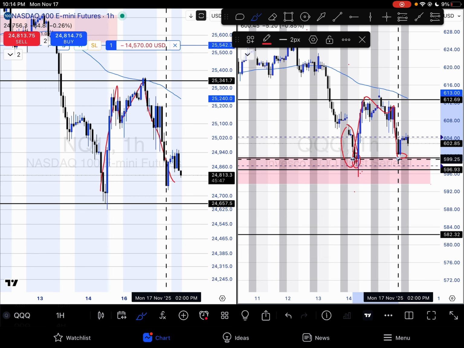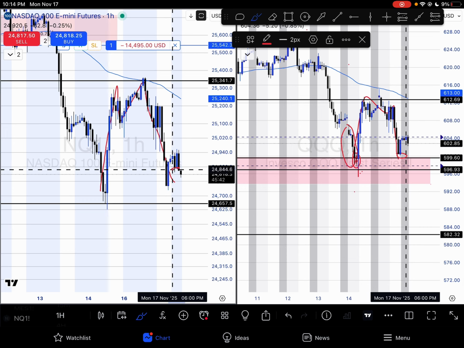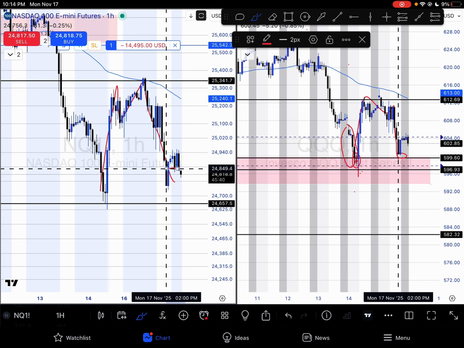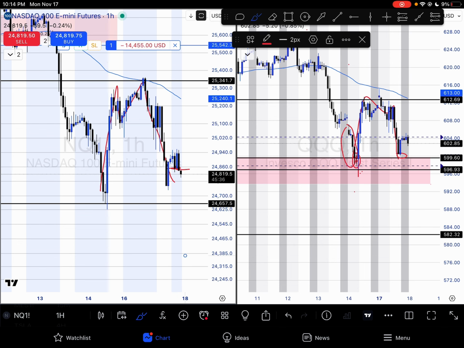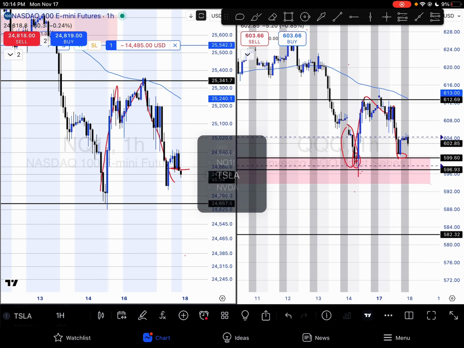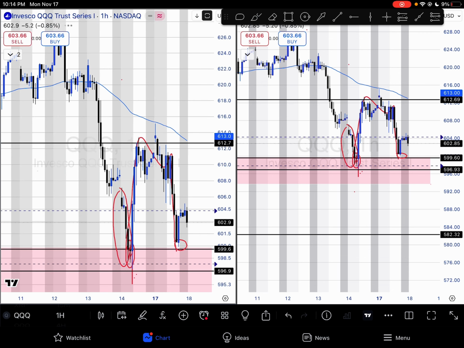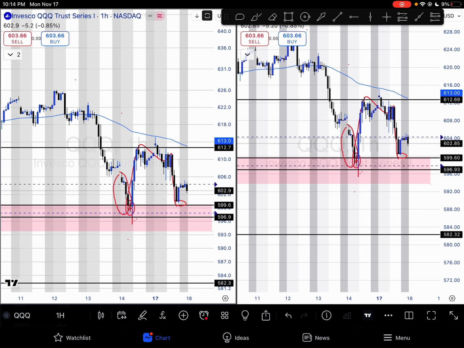Price ended on about here, and this is also delayed. From what we can mirror, we see that price is continuing to go lower. So sometime this week, it's probably going to poke into that zone, but do we know if it's actually going to fully poke? No, we don't.